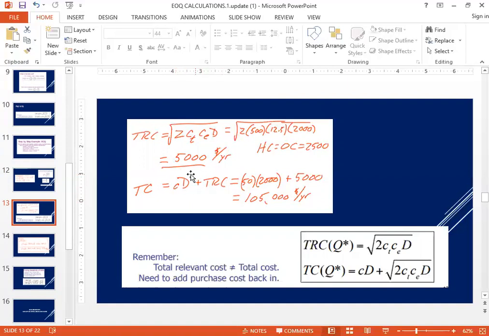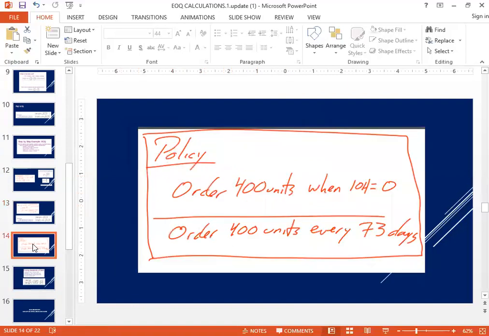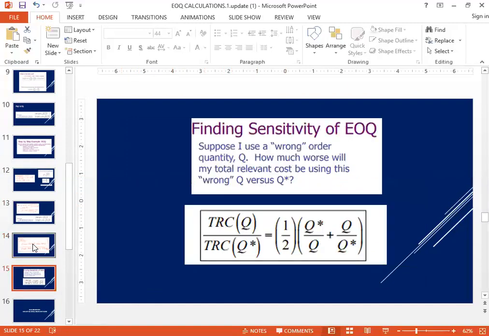So if you add that on, the total cost will come to 105,000 per year. So again, if you want to answer the question, the EOQ is going to be 400. So you will be ordering 400 units every 73 days.